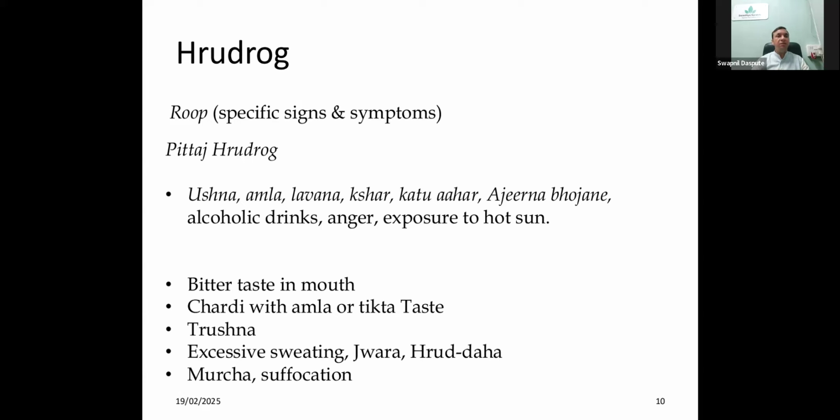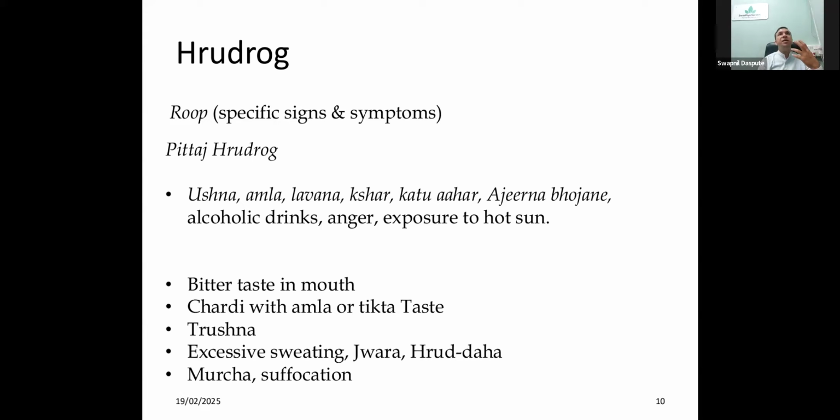Bitter taste in the mouth, chardi with amla or tikta taste, trushna, excessive sweating, jwara, ruddaha. Ruddaha means burning sensation or feeling of burning sensation in the heart region. Okay, so this is quite typical in Rudrog, which the patient can tell you, that there is burning sensation in the chest region.